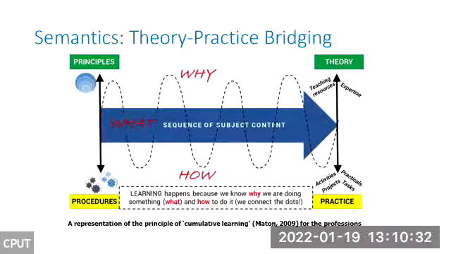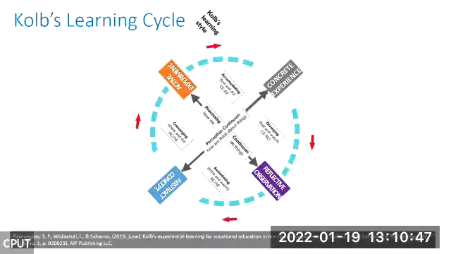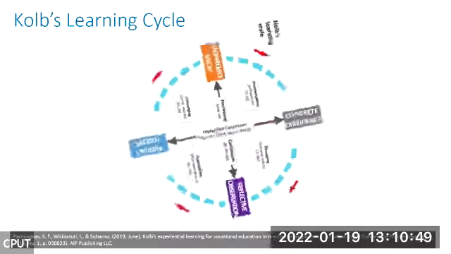So this semantic wave is a very simple representation, but it's been the starting point for so many educational researchers, particularly those working in the professions. As we've seen now over the whole of yesterday and today, this is a very, very practical way to look at how students learn.